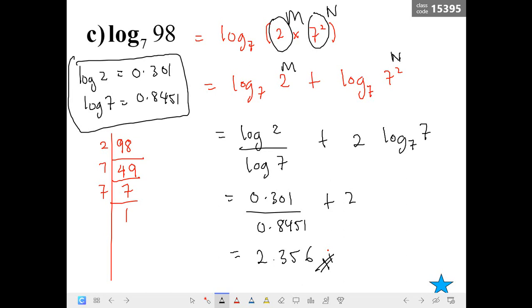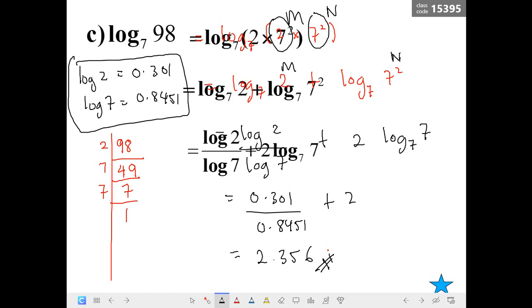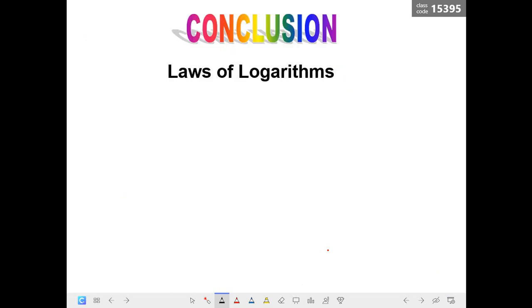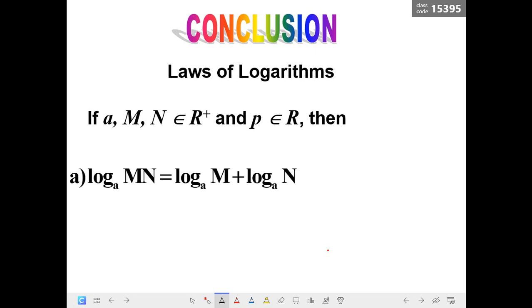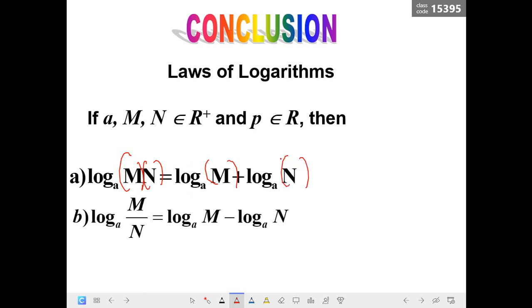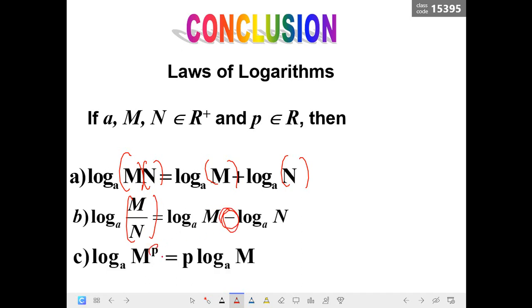Settled for log. What you need to know for log is the three laws of log. When given m times n, you have to know how to use it: multiplication can be separated like this. And when given a division, m divided by n can be separated by a minus. A power like this you can bring to the front.